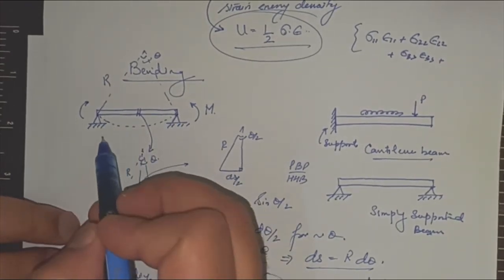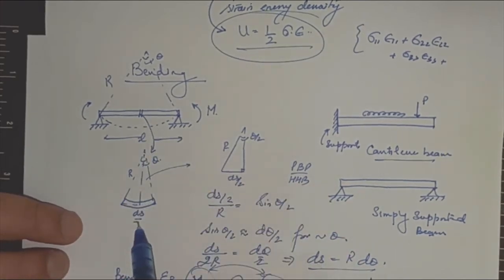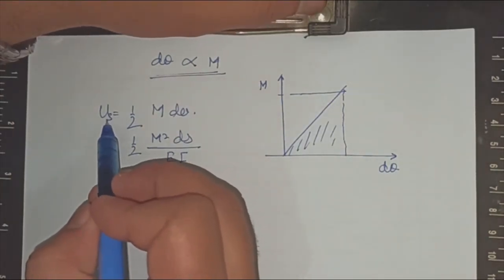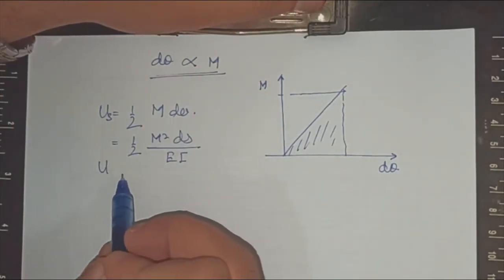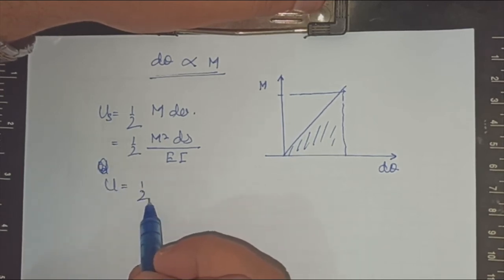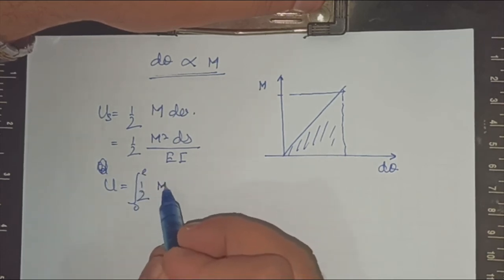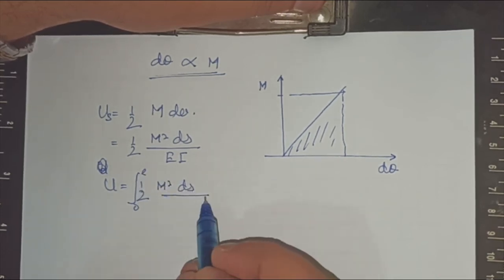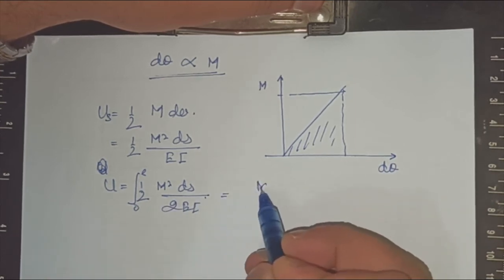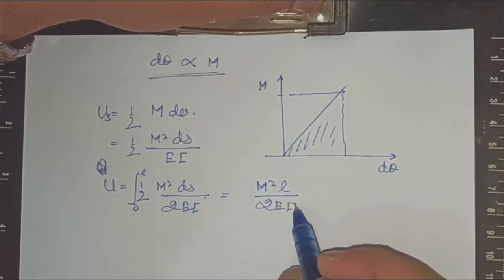Let's say the beam has a length of L. I have obtained the strain energy for ds only, the small element. So for the complete U, my strain energy will be half integration from 0 to L, M square ds upon EI, or this will be equal to M square L upon 2EI.